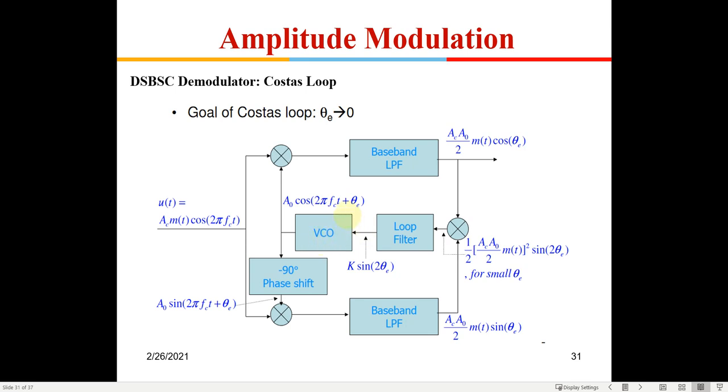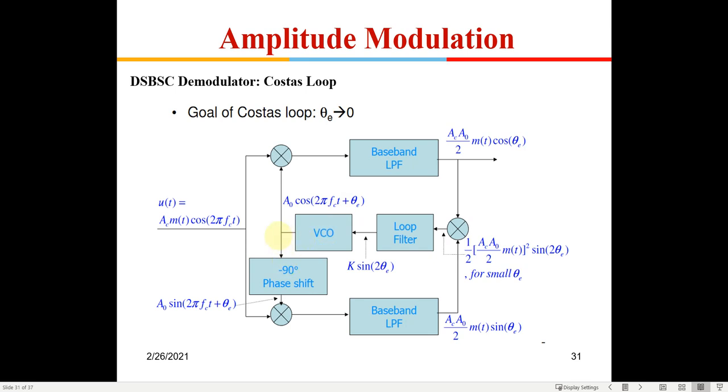Now assuming that this is not perfectly matching with the carrier which is coming here, there is a difference in the frequency that we are calling theta. So this is the error. Now we want to minimize this error, we don't want this error actually. Let's assume there is an error here, theta.